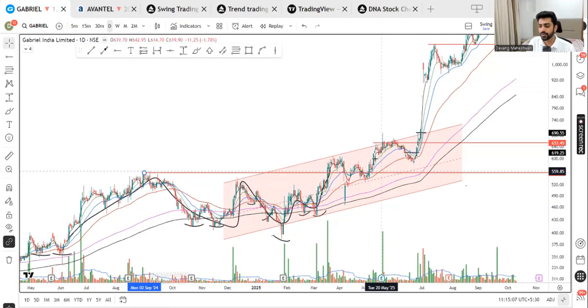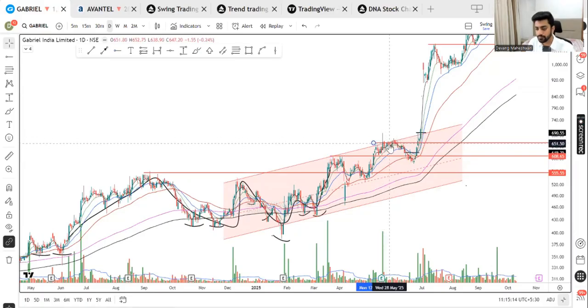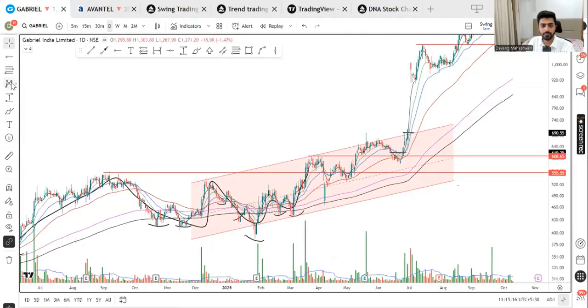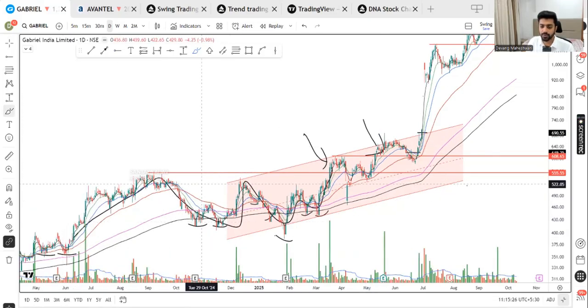It failed. Then again it tried to break up here. It again failed. So this was a failed attempt up here. This was again a failed attempt up here. So you will see that this is an up move, and then it started a sloppy base.